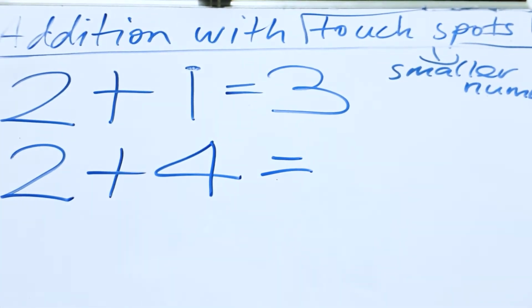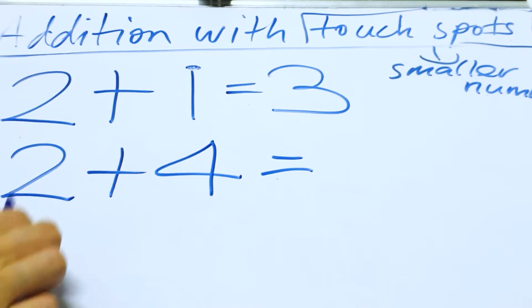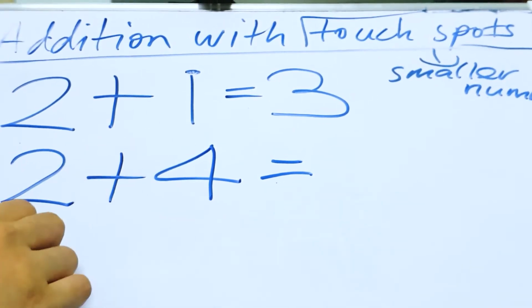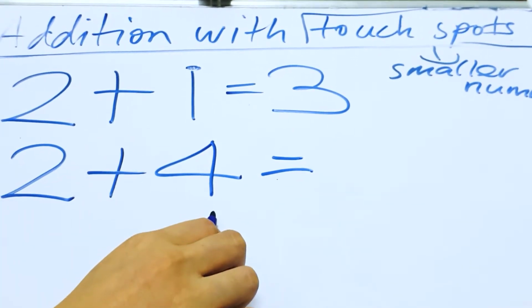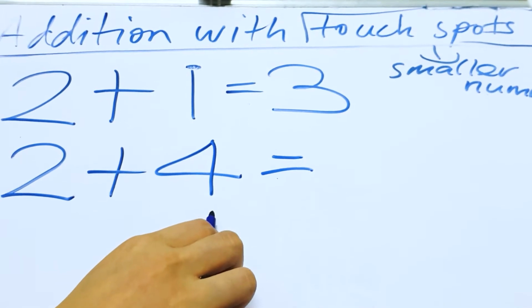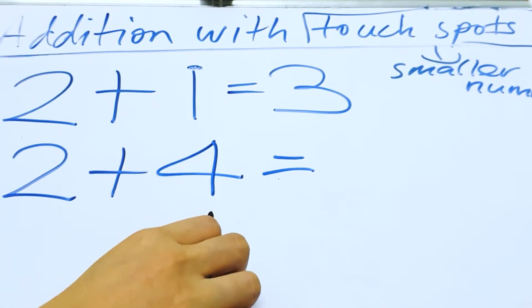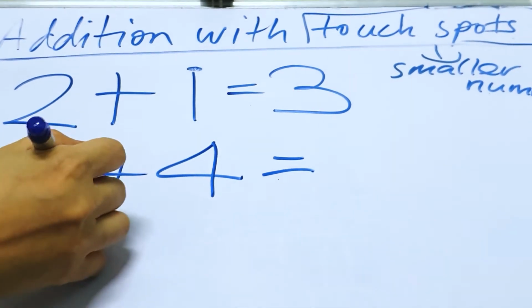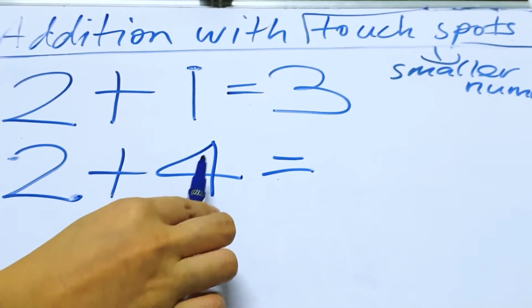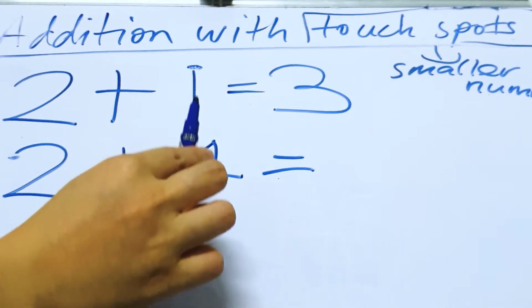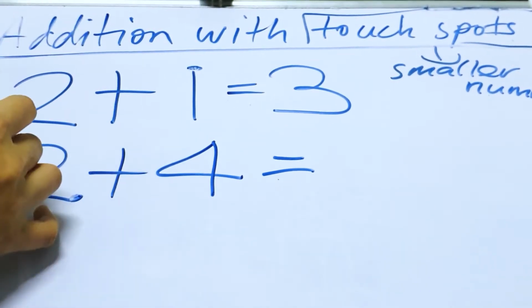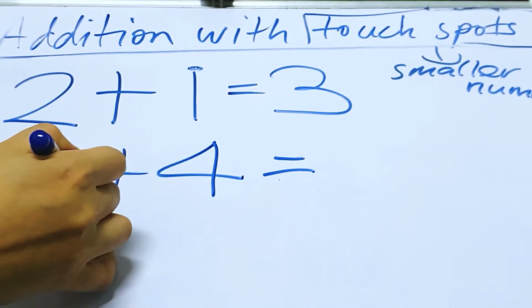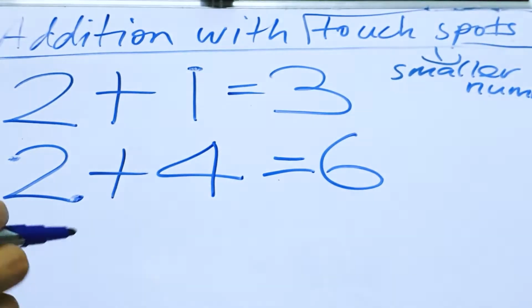Which one is the smaller number, 2 or 4? It's 2. So Touchspot on 2, so 1, 2. Bigger number in your head first, 4, and then 5, 6. So the answer is 6.